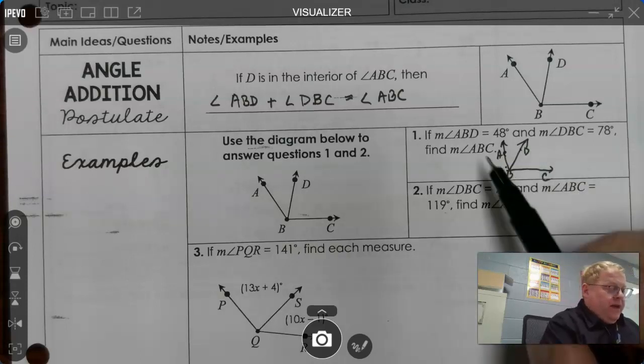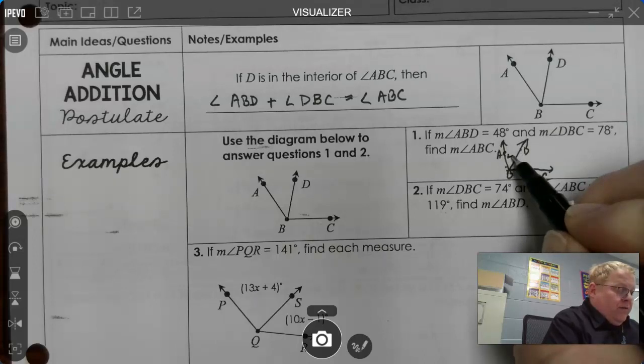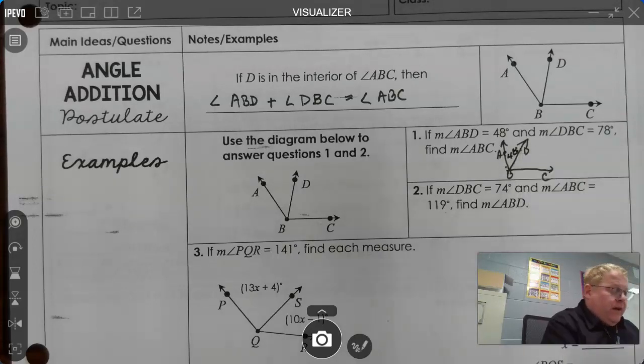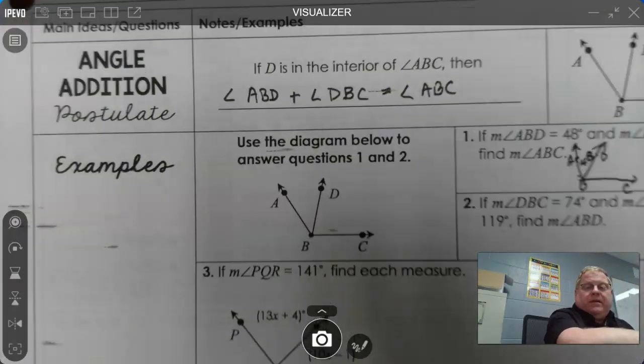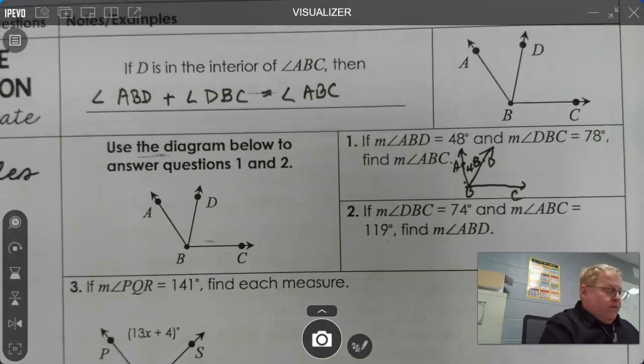They're saying ABD, follow with your eyes, is 48, so I'm going to write the angle measure of 48 in there.